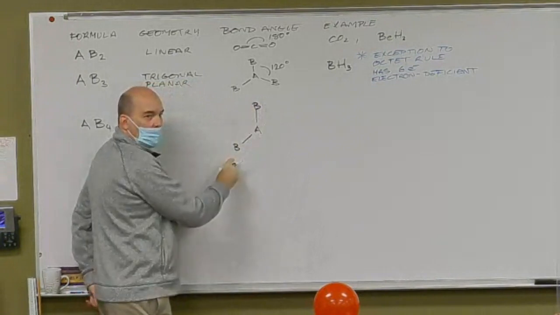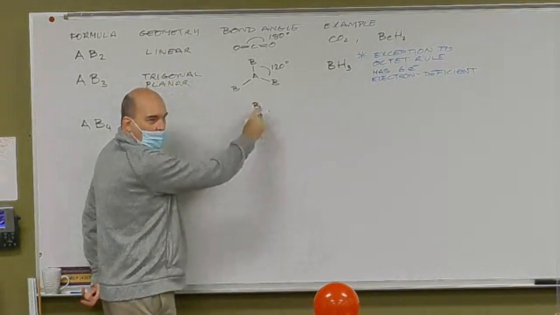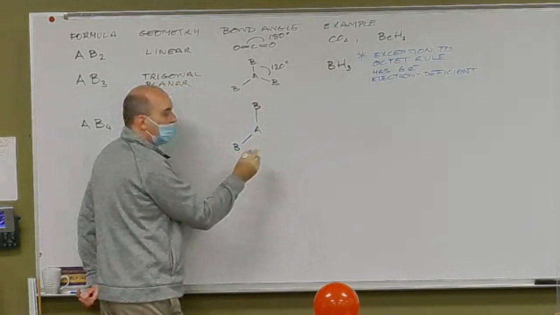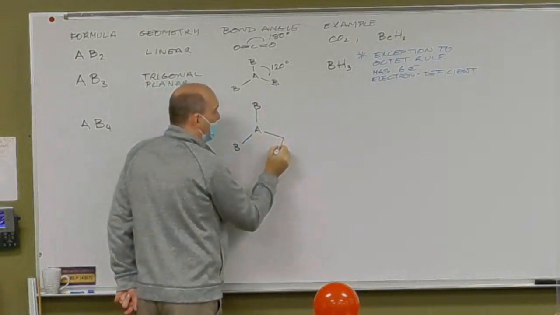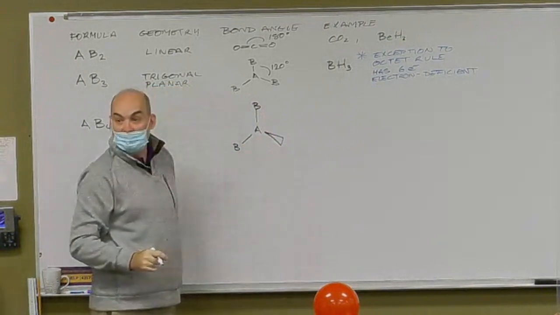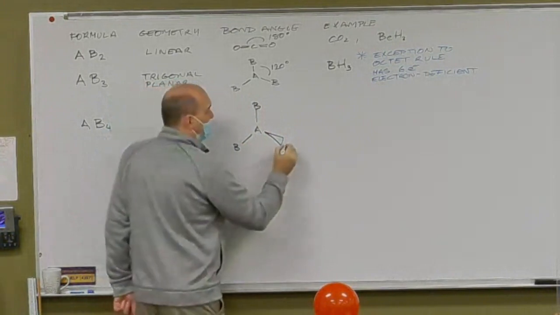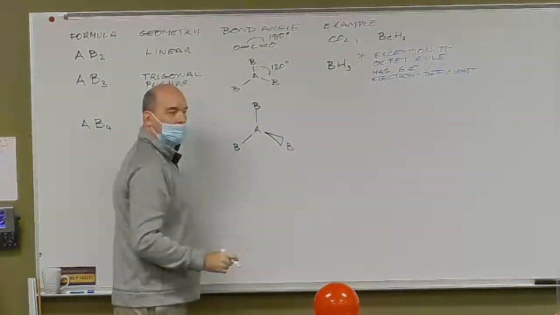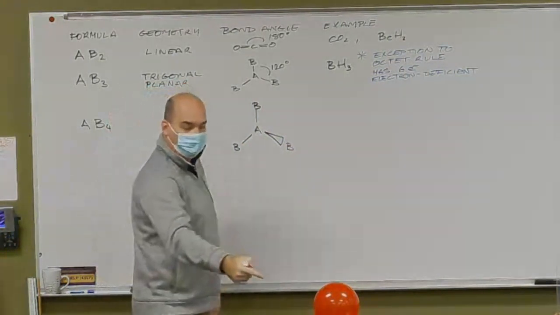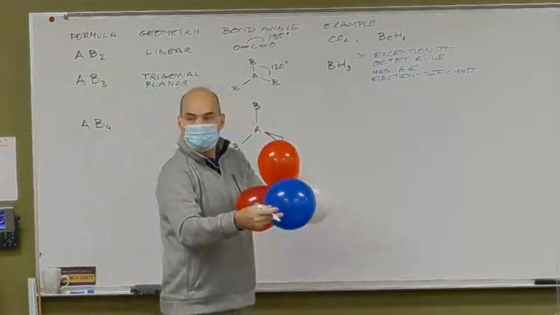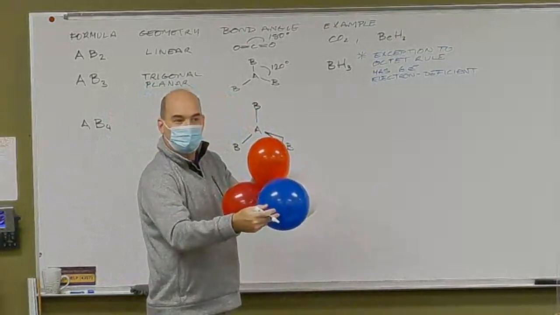Those 2 are in the plane of the paper. This one with a wedge is pointing out towards you. That's the blue one. This blue bond is pointing out towards you.